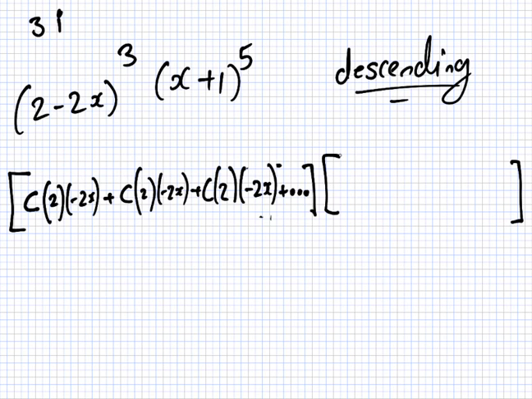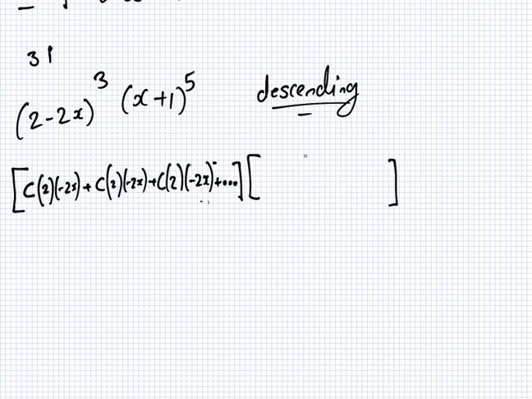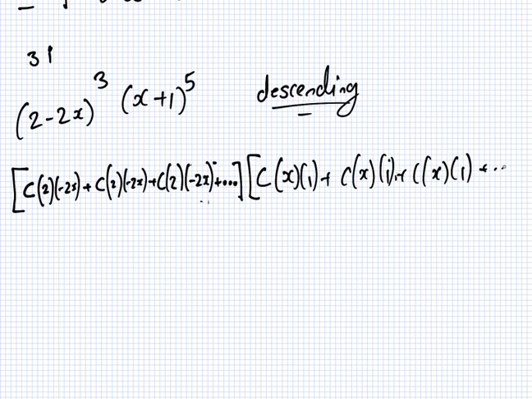And then here, it will be a C, an x, a 1, plus a C, an x, a 1, plus a C, an x, a 1, plus many more. Okay. They want descending. So what do I put on my power for x here?